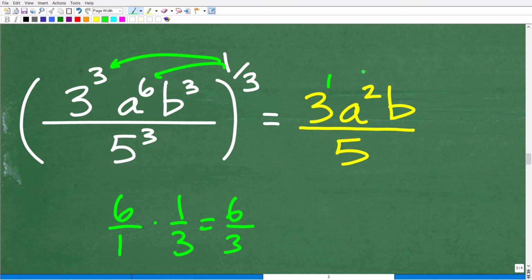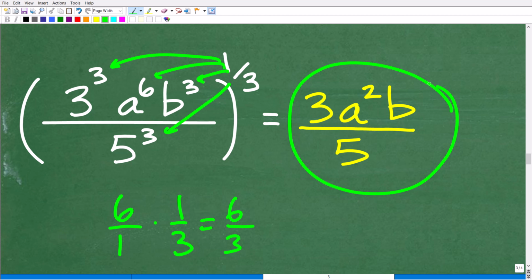So that's a to the second power right there. 1/3 times 3 again is 1, or b to the first. Now you don't have to write to the first power, it's implied. Same thing right here with 3, that is 3 to the first. B is b to the first. So we have a squared, and then this 1/3 we can multiply down to that 5 to the third power, which is going to be, of course, 5 to the first, or 5, and there you go.